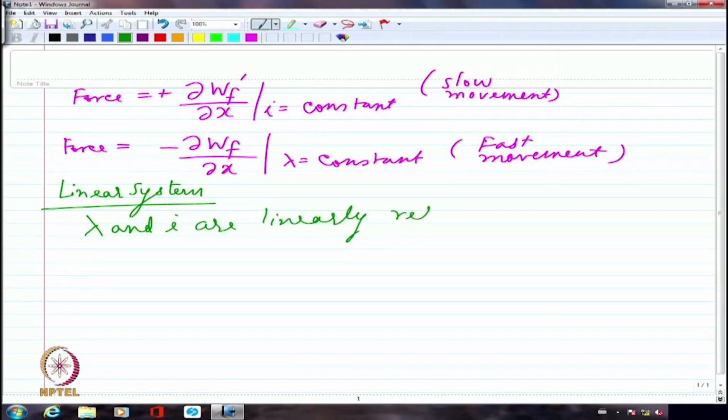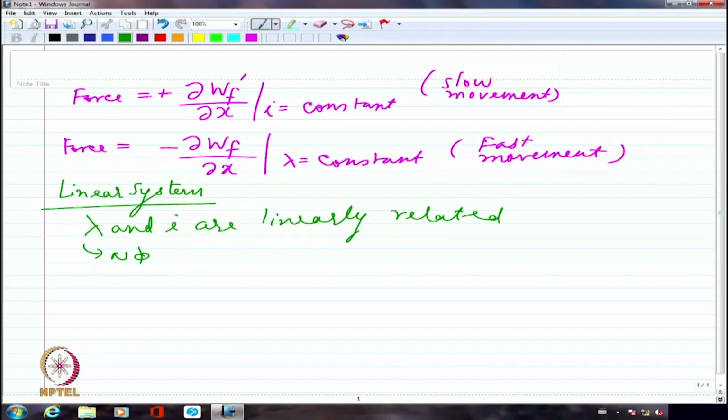After all, lambda we said as n phi, which means number of turns anyway is not changing. So the flux and current are linearly related. So if I try to plot the magnetization characteristics, I am trying to say that they are mainly operating in the linear region of operation. So we are going to have lambda and I linearly related.